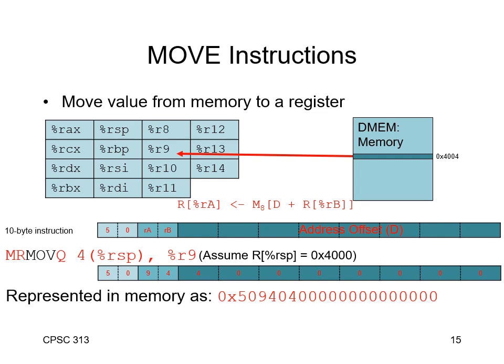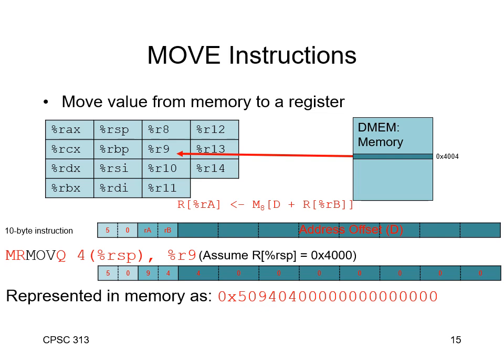So as you look at the encoding, we see 50 for the opcode and function, but then we see 94, R9 is the A register, and 4, the stack pointer, is the B register. Once again, like we saw in the immediate instruction, we're going to encode the offset in little endian. So 4 is the least significant byte, and so that goes first, and all the other bytes are zeros.